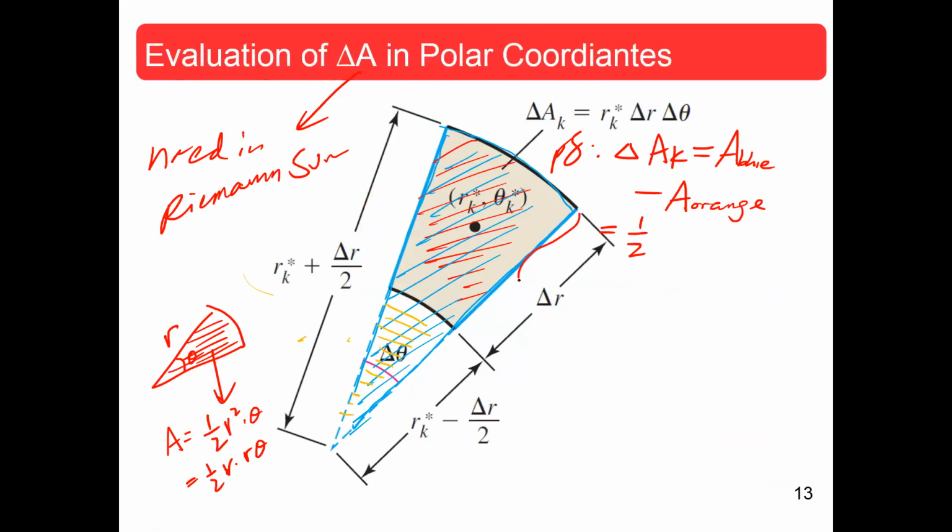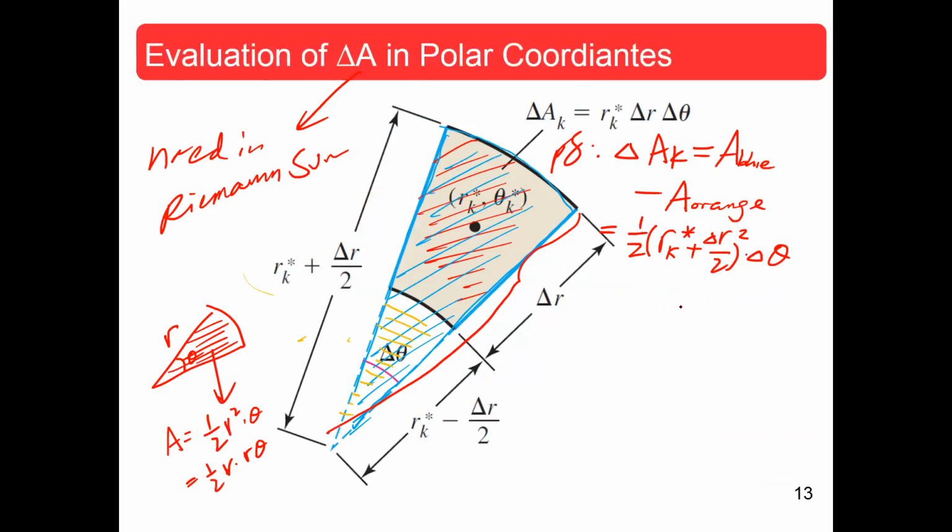Its radius is going to be this big radius, which is going to be r_k star plus delta r over 2. So that's going to be 1/2 times r_k star plus delta r over 2, squared, times the angle delta theta.